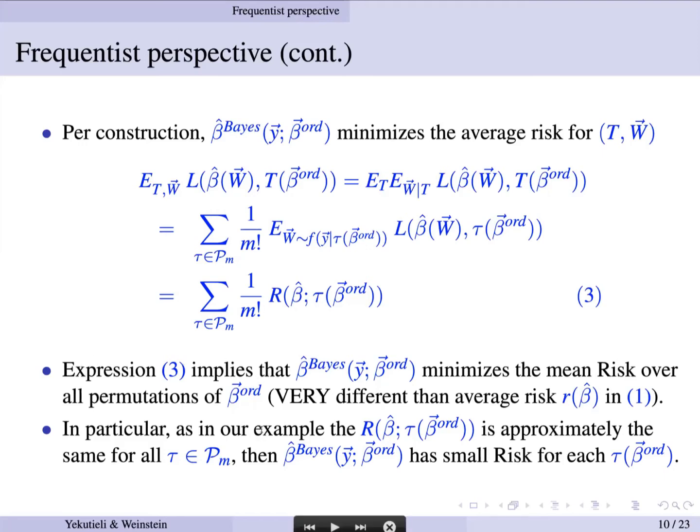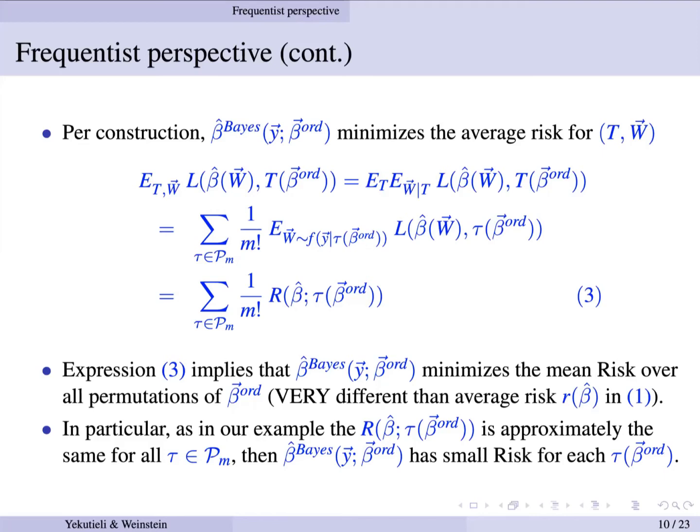In particular, as in our example, what is our example? I have this vector beta, which is fixed. And once I have this X matrix, in this particular example, you have to agree with me that if I take a fixed X and a fixed beta, and mix up the beta, what am I actually doing?